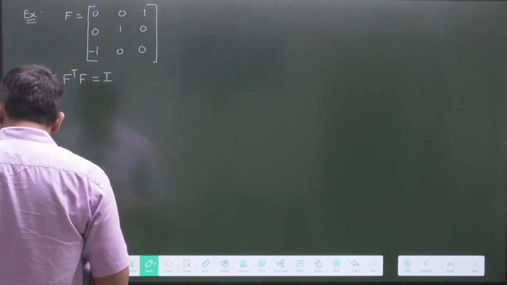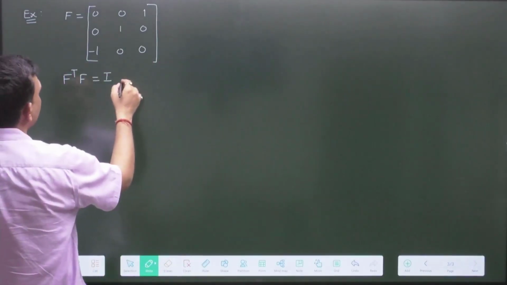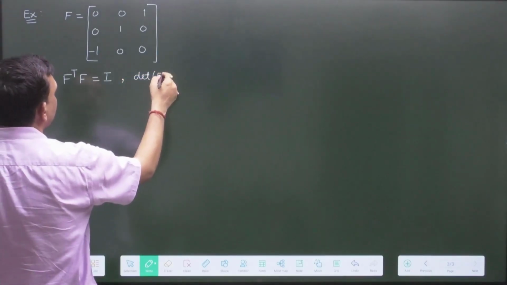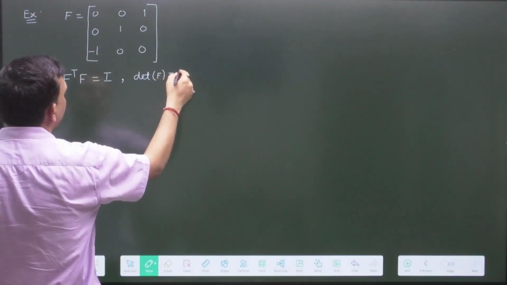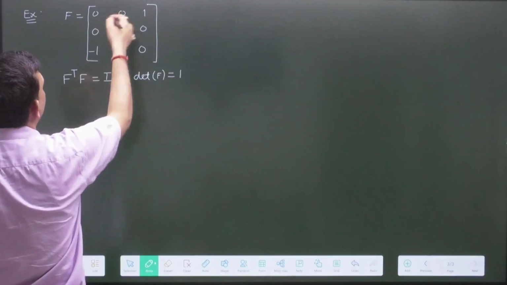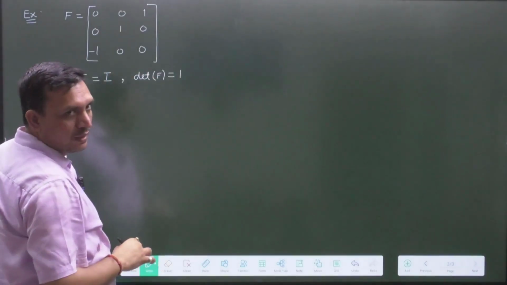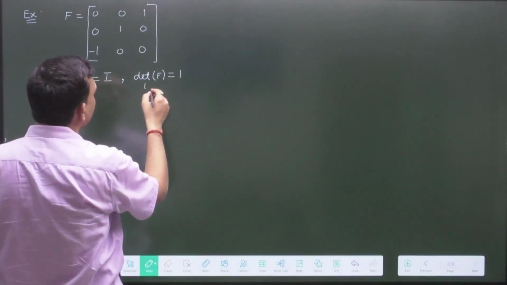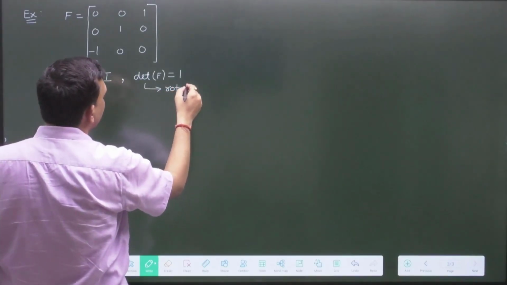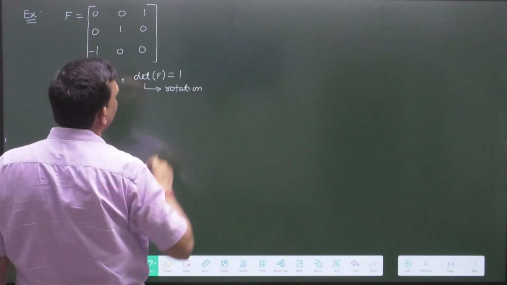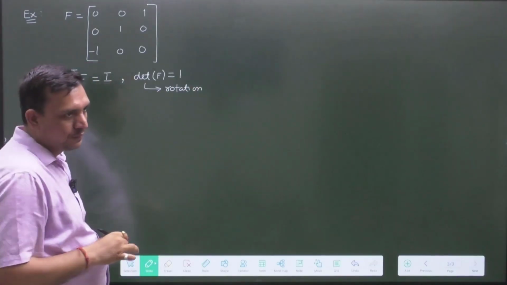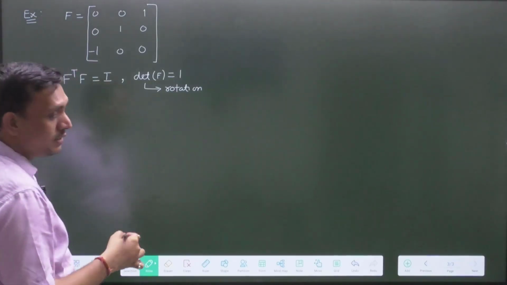Then you have to check the determinant of F. Determinant of F is 1. If you expand about this, that will give you 1. So this corresponds to a rotation. What will be the rotation axis?